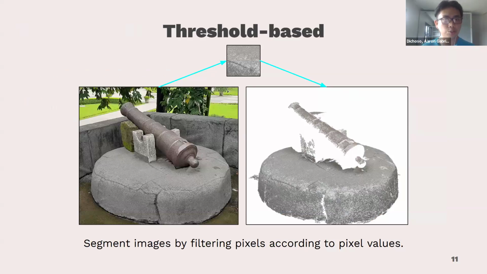Let's start with threshold-based. So threshold-based object segmentation, what we do is that we take an image right here, and then we say, let's just take a specific range of values to isolate from that image. And then that's how we generate our object segmentation mask.